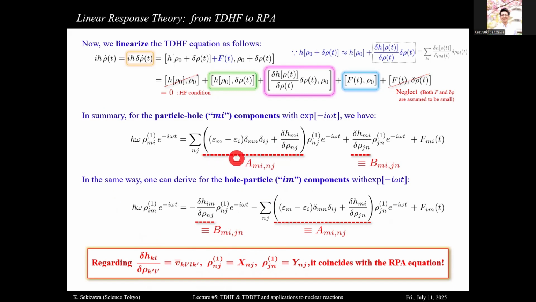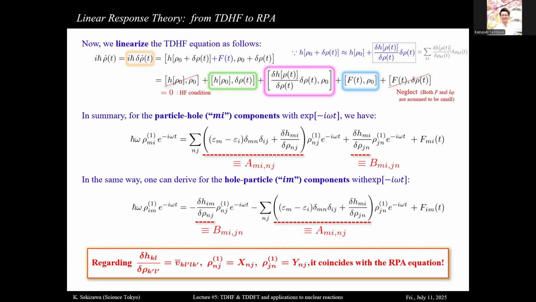In the definition of the A matrix in RPA, you have this energy difference plus the interaction between particle and hole states, and now it can be written in this way. So anyway, from the time-dependent Hartree-Fock, assuming a small perturbation and linearizing the equations, we can derive the RPA equation in this way.